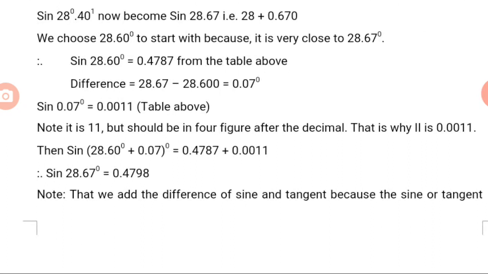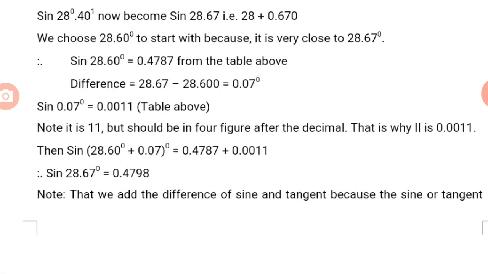So sine 28.60 degrees plus 0.07 degrees will now give us 0.4787, that is 28 under 6, plus the difference, which is 7. The number under 7 is 11.